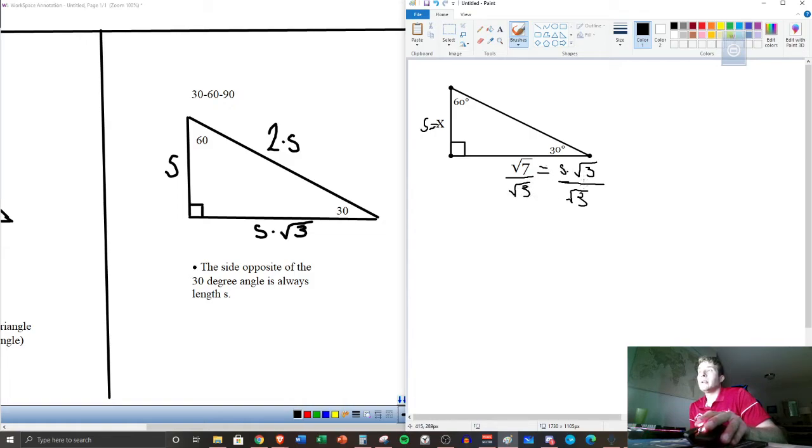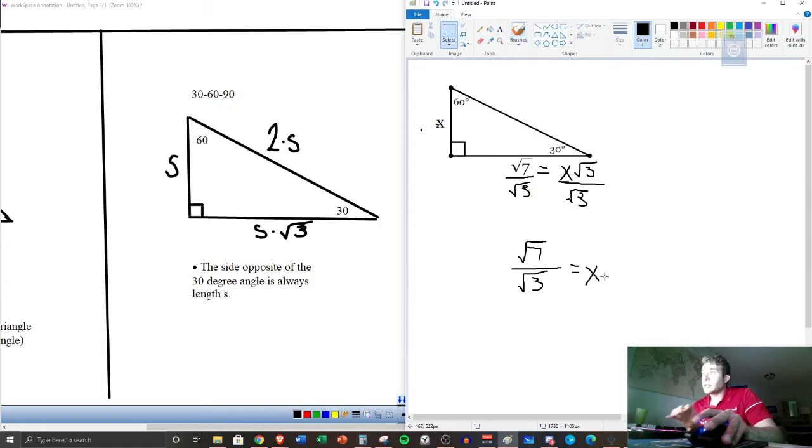And so that gets us square root 7 over square root 3 equals S, or if you want to put X, I'll put X here, right? Sorry, hopefully that's not confusing anybody too bad as far as keeping track of these values. We're trying to find this length here. We can call this X if we need to, right? That is what that length is from our notes over here.